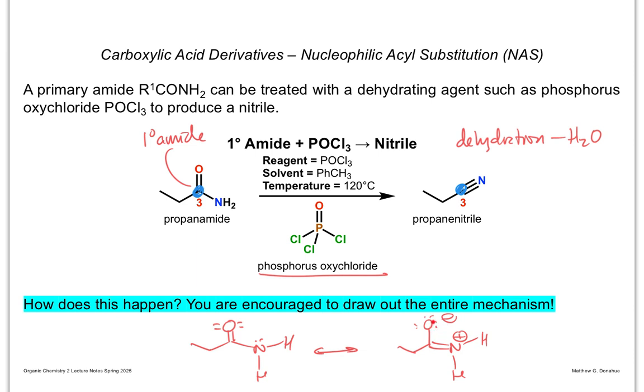That nucleophilic oxygen is attracted to that phosphorus. So you have to react that with that. Once you get that formed, the oxygen is now bonded to phosphorus. It can become a good leaving group. And then you're just doing subsequent eliminations to get rid of those hydrogens.